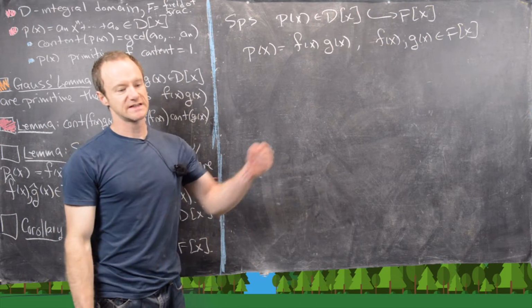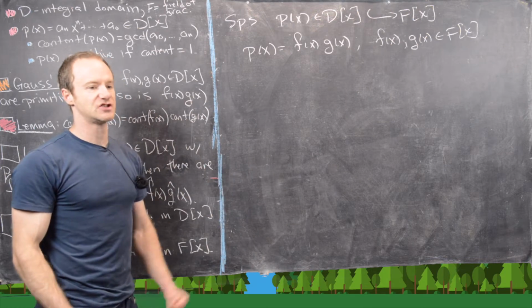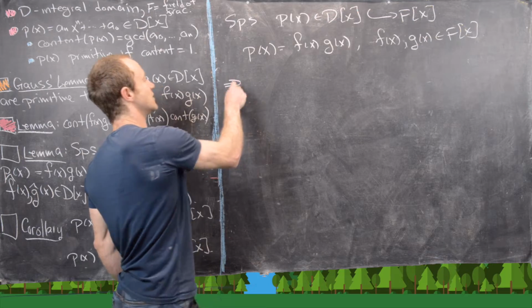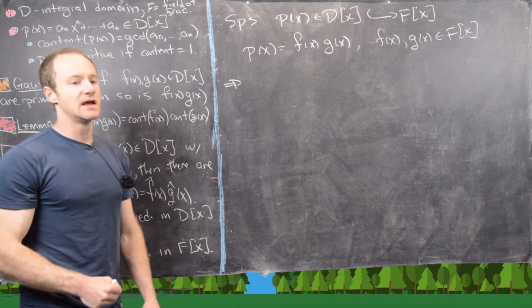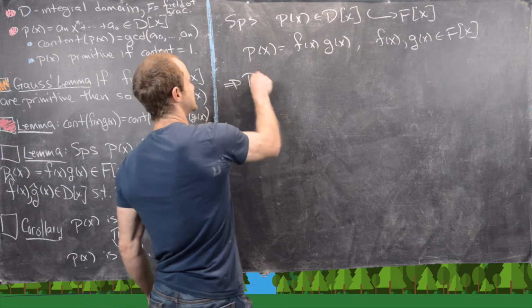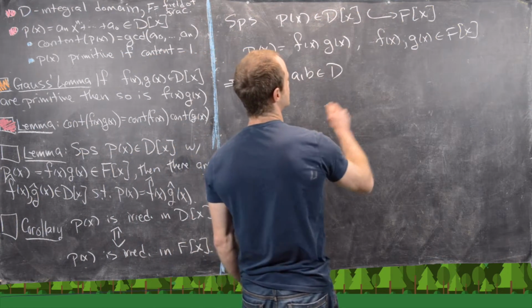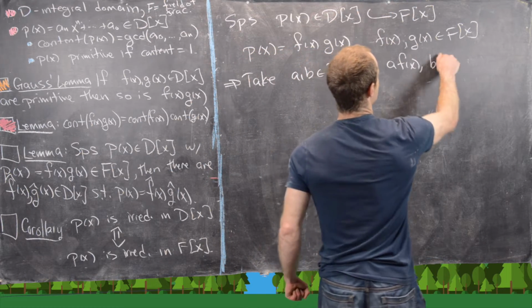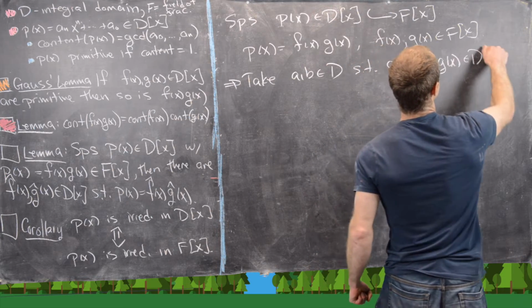Okay. So since it's in that field of fractions, the coefficients of f and g have so-called denominators. So that means that we can clear the denominators by multiplying by something in the integral domain. So let's take a and b in the integral domain so that a times f(x) and b times g(x) are in D adjoin x.